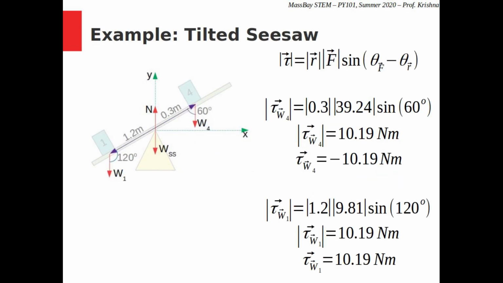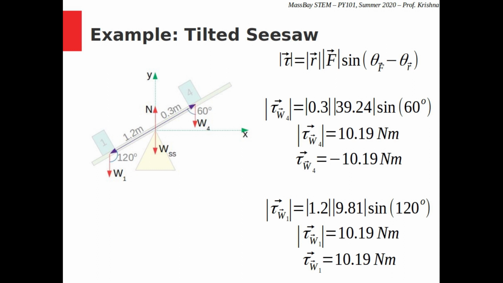The same logic applies when the seesaw is tilted like this. The forces are exactly the same as before, but because of the change in angle, the torques are different. The torque of the 4-kilogram object is now equal to 0.3 meters times 39.24 newtons times the sine of 60 degrees.